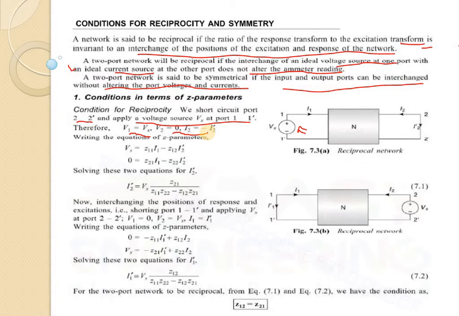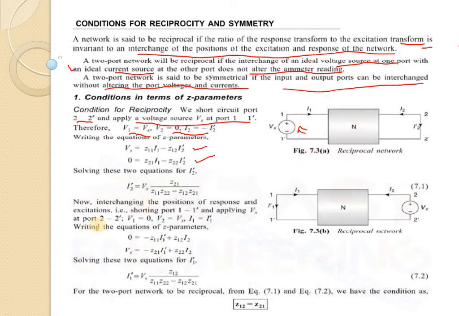I2 equals minus I2 dash, because as the path is shorted, current flows in the reverse direction. Now we write the Z parameter equations with the values we have in this condition.